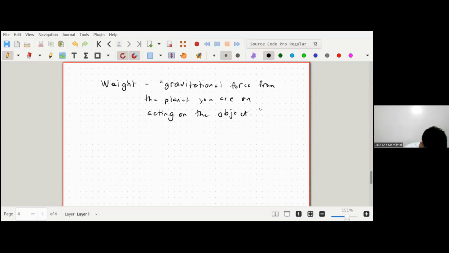So weight is not the same as mass. Because the two are proportional near the surface of the Earth, people confuse weight and mass. But strictly speaking, they're two different things, because your weight depends on where you are.